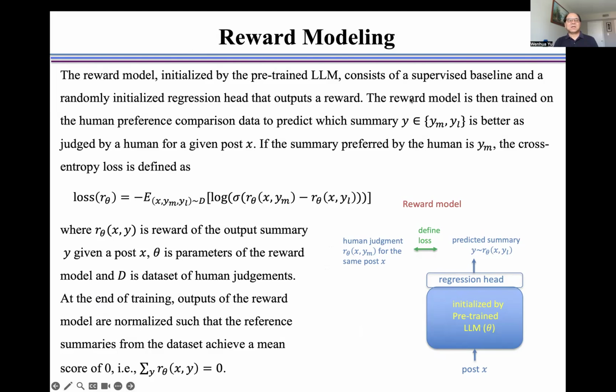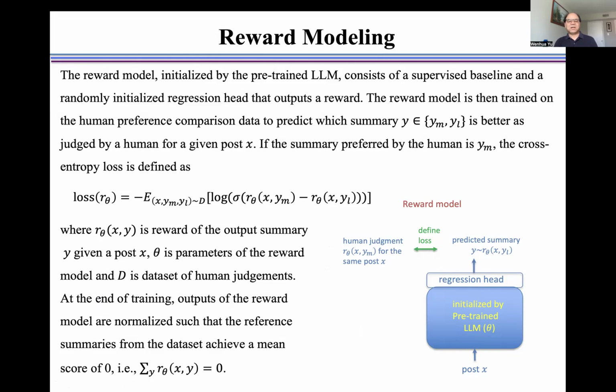The reward model is then trained on the human preference comparison data to predict which summary Y is better as judged by a human for a given post X. If the summary preferred by the human is Y_w, the cross-entropy loss is defined as here, where r theta is the reward of the output summary Y given a post X. Theta is the parameters of the reward model, and D is the dataset of human judgments.